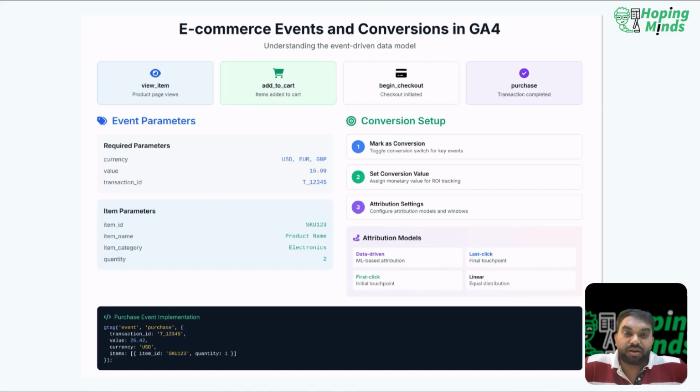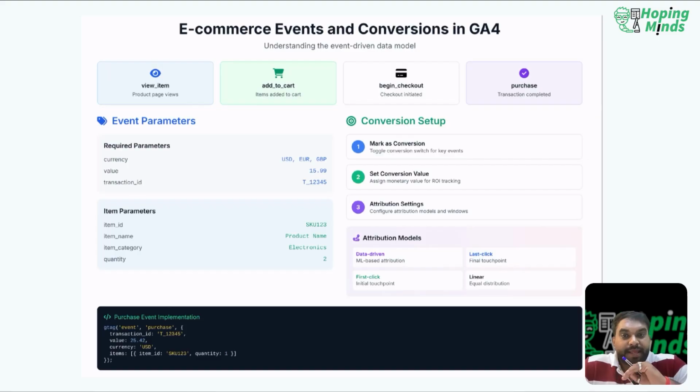Another thing you should definitely use inside GA4 is event-based audience creation. So let's say you want to target all users who have added a product to cart in the past 7 days but have not purchased. That's an audience. Or all users who watched 50% of your demo video and clicked see more. That's another audience. You can build these inside GA4 and connect them directly to Google Ads for retargeting.